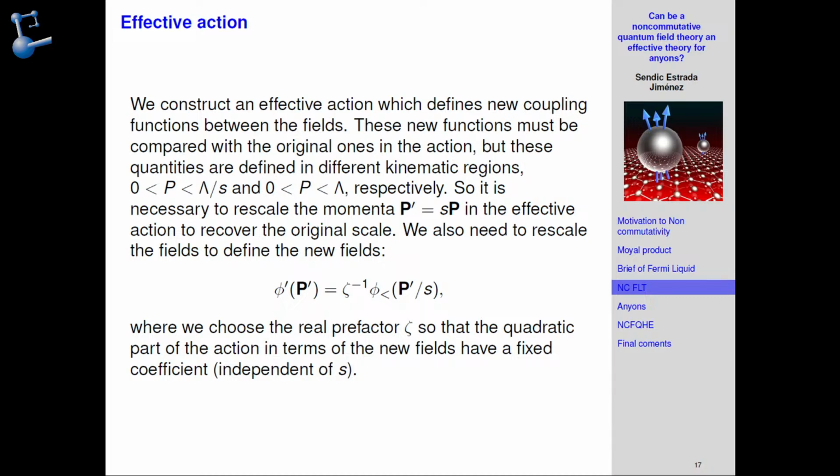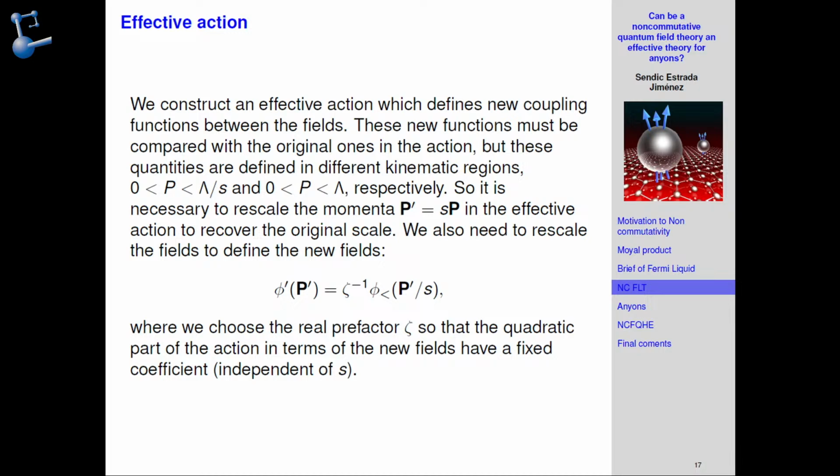Then we construct an effective action which defines a new coupling function with the fields. This new function must be compared with the original ones in the action, but these quantities are defined in different kinematic regions, this and this respectively. So it's necessary to rescale the momenta in this effective action to recover the original scale.